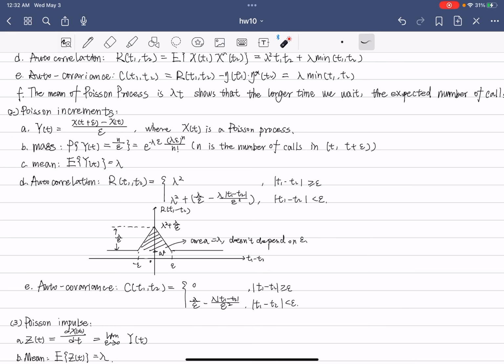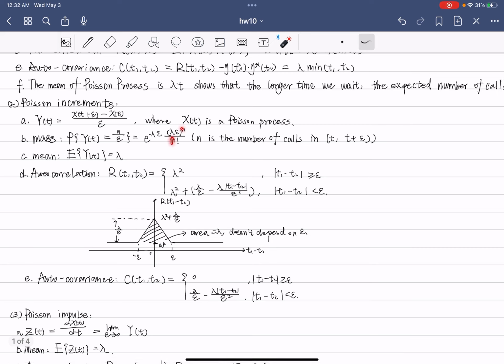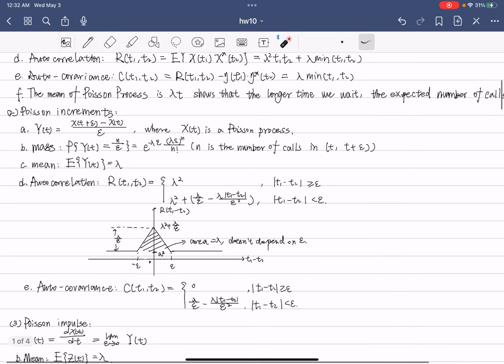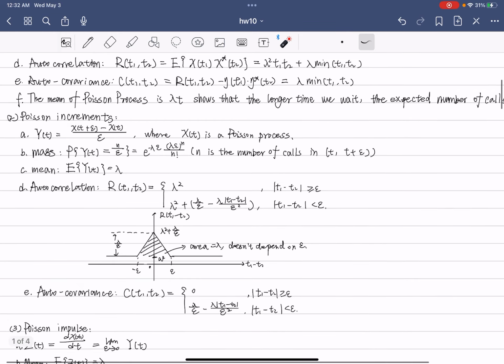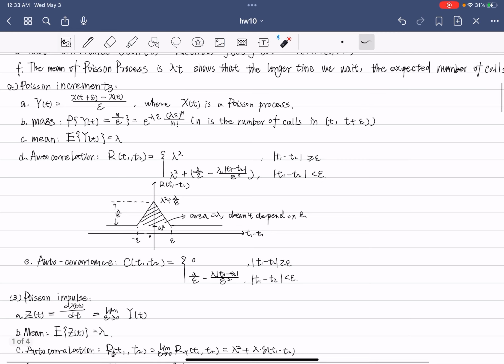The mass is the probability that Y(t) equals n divided by epsilon, equals e to the power of negative lambda times epsilon, times (lambda times epsilon) to the power n, divided by n factorial, where n is the number of calls in the interval from t to t plus epsilon. We can find the mean of Poisson increments is lambda, which is a constant.